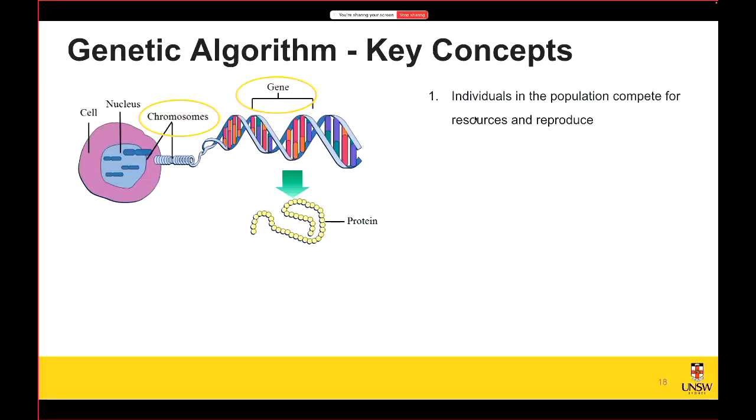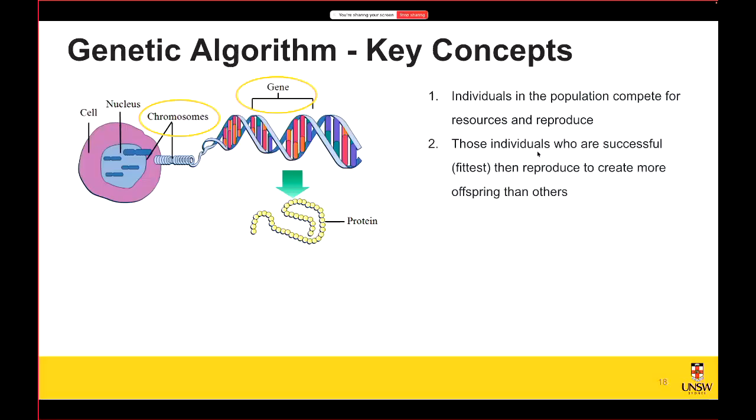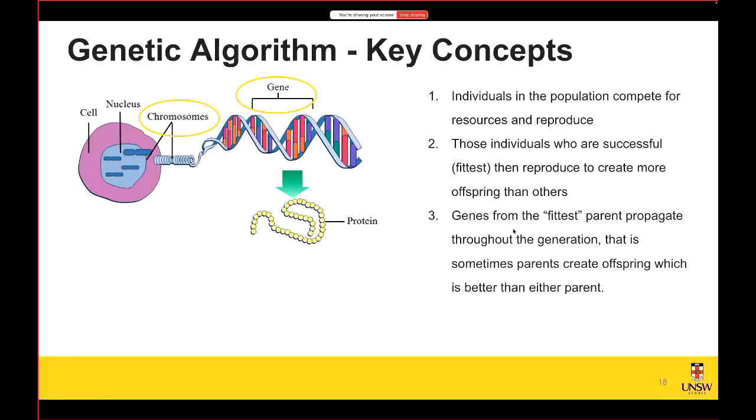So individuals in a population compete for resources and reproduce. The individuals which are successful according to the fitness function are allowed to be kept in the population to reproduce and create more offspring than others. Therefore, the genes from the fittest parents can be kept across different generations.